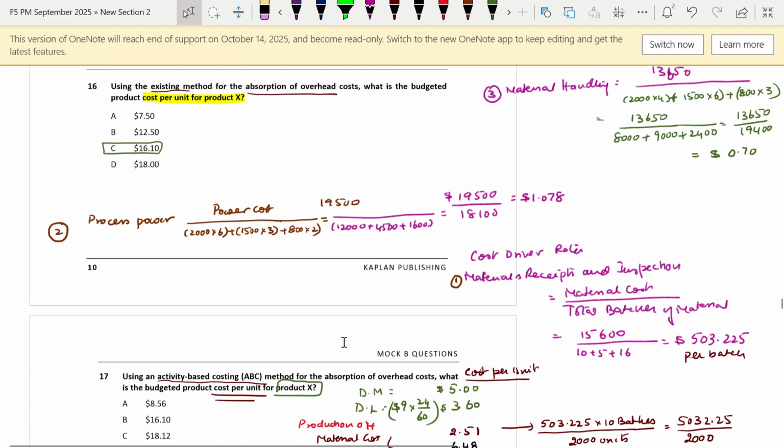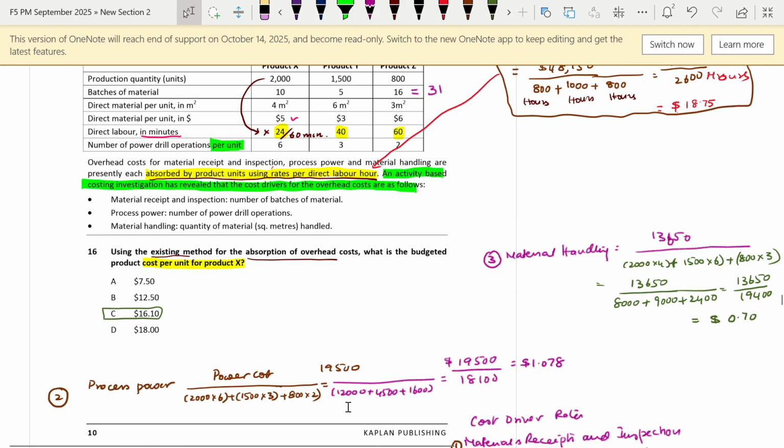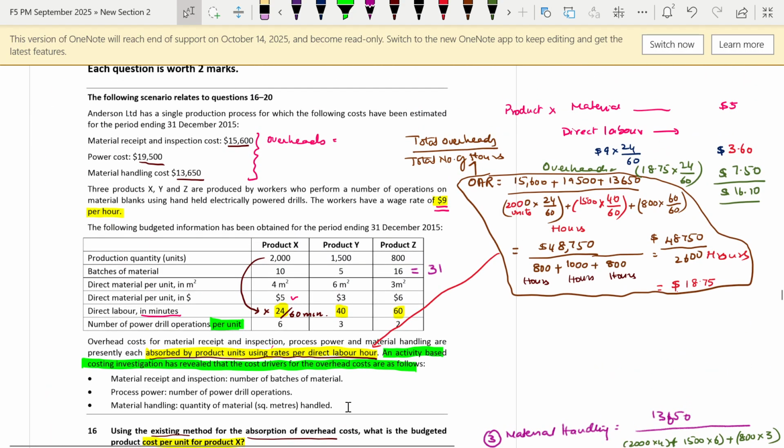Material handling. What is the rule for material handling? Quantity of material per unit is 4.